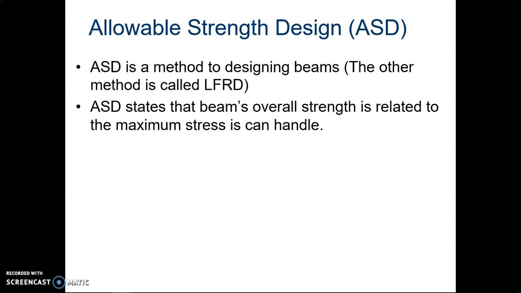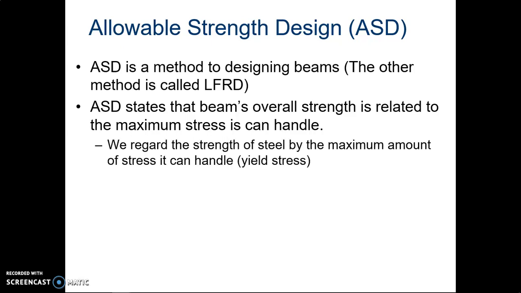ASD states that the beam's overall strength is essentially the maximum stress it can handle. So we're equating strength to the amount of stress that it can support. The strength of steel is the yield stress. I need you to get that concept.